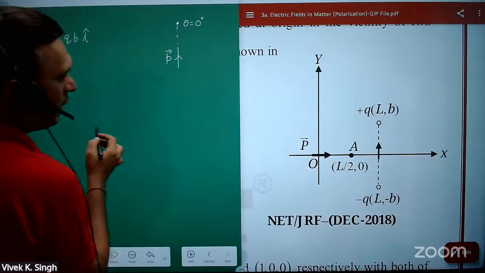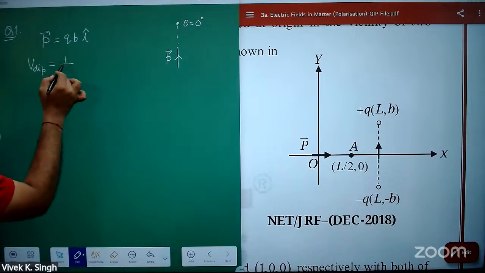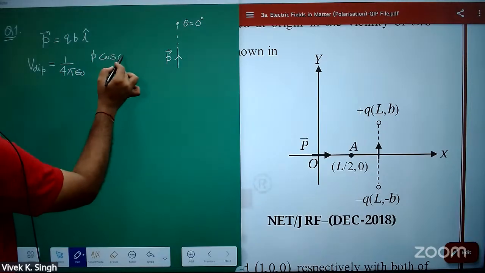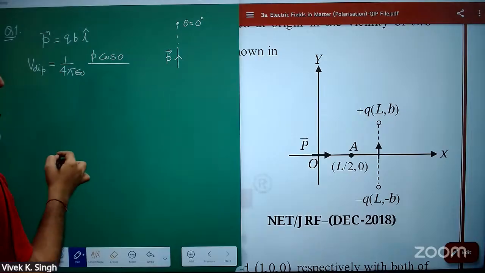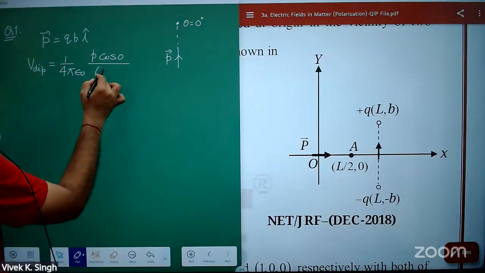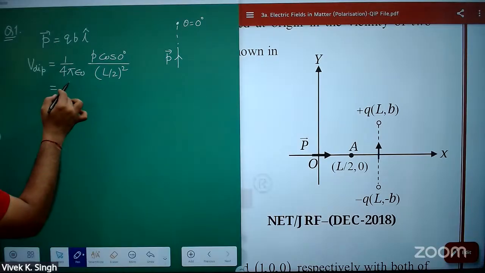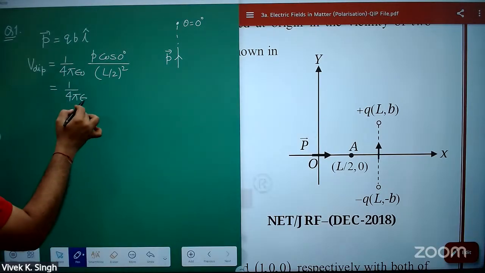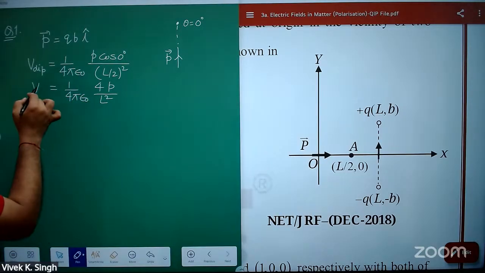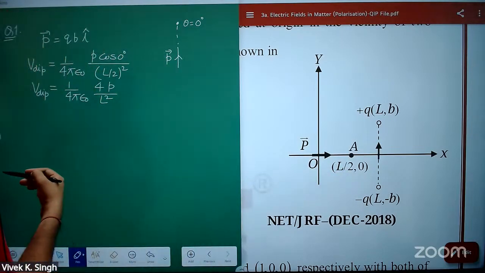The potential due to the dipole, V dipole, is 1 by 4 pi epsilon naught P cos 0 by L by 2 whole square, which gives 1 by 4 pi epsilon naught times 4P by L square. This is the potential due to the dipole at point L by 2 and 0.